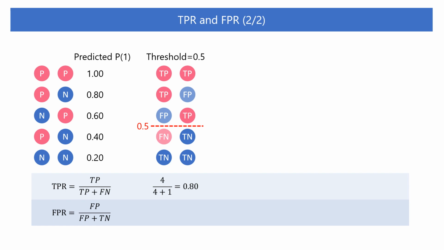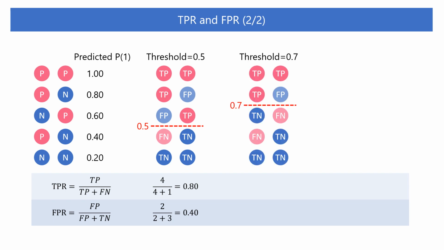Therefore, the TPR is 0.8. Also, with the threshold setting, the model classified 6 data points as positive. However, 2 of these are actually negative. In other words, they are false positives. Thus, since 2 of the 5 actual negative data points are false positives, the FPR is 0.4.